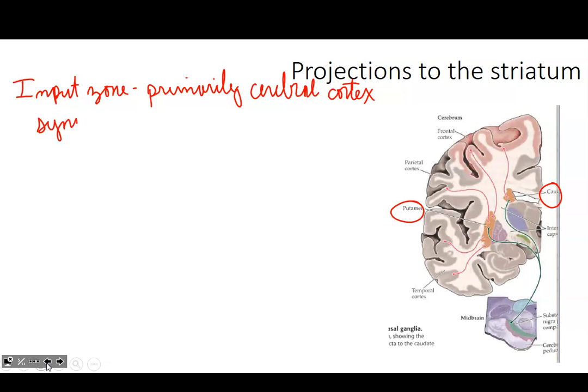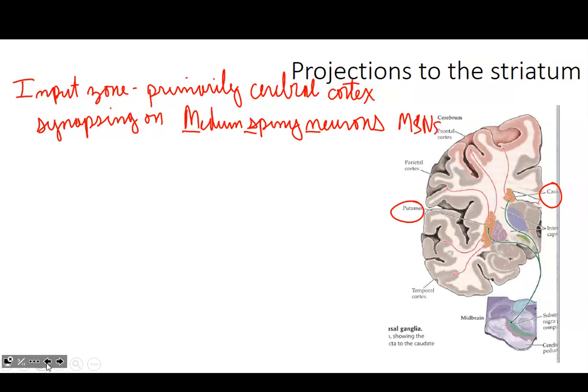And so these inputs are synapsing on a specific set of neurons called medium spiny neurons. So neurons within the caudate and the putamen, within the striatum, those specialized neurons, we'll call them MSNs, medium spiny neurons. These synapses are glutamatergic. They are excitatory and glutamatergic.